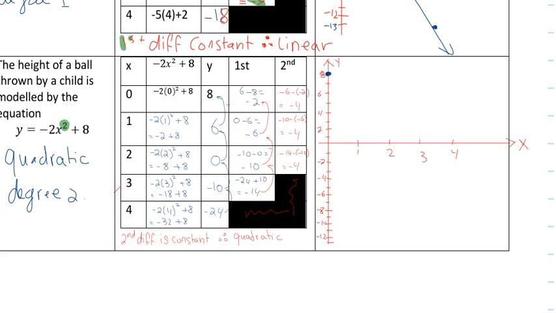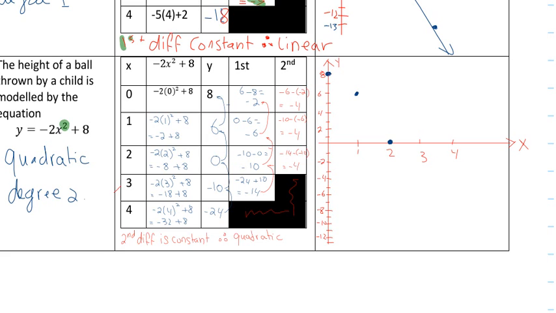And then I have 1, 6. You guys know where I'm getting these from, right? 2, 0. What would be my next point?